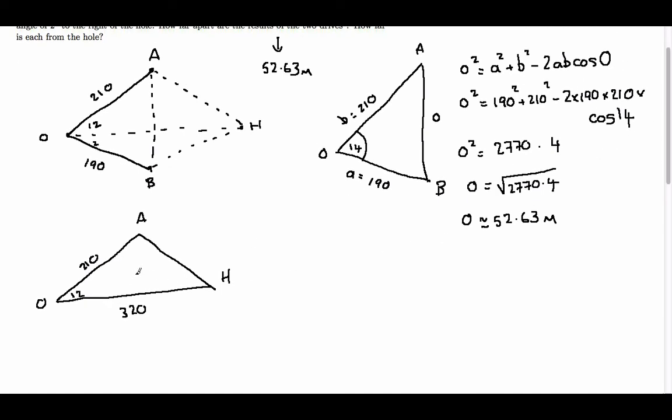So labelling up these sides, as this length is opposite angle A, this is little a. As this length is opposite the angle H, we call this little h, and we'll call this distance this time our little o.